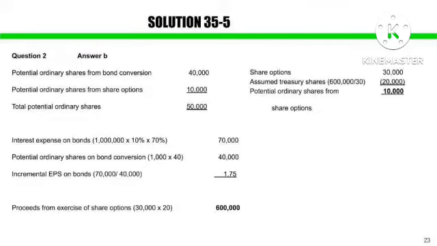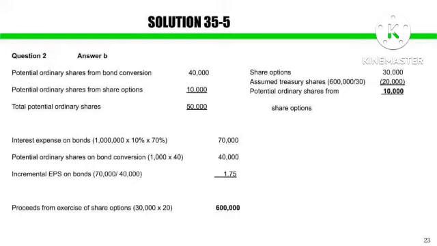Second question is the total number of potentially dilutive ordinary shares. Yung potential ordinary shares from bond conversion is 40,000 because 1 million face amount ng bonds is divided by 1,000 times 40 because yung convertible bonds are convertible into 40 ordinary shares for each 1,000 bond. I-add natin yung potential ordinary shares from share option na 10,000.